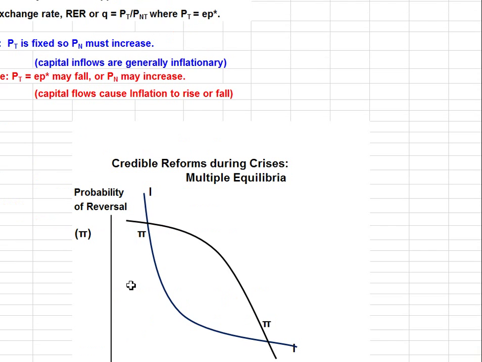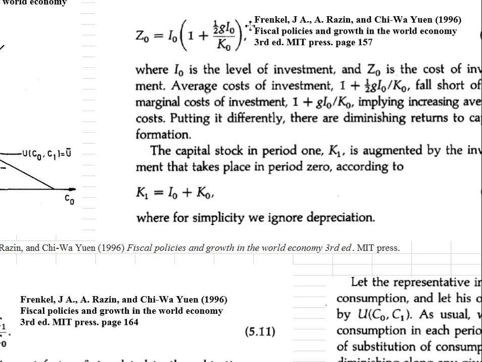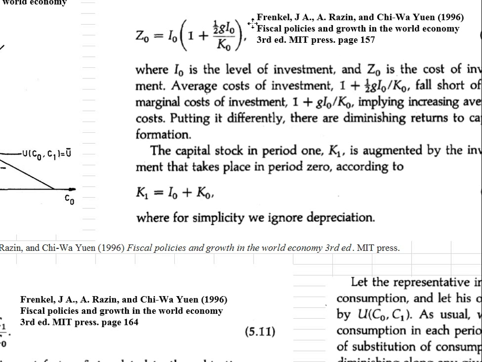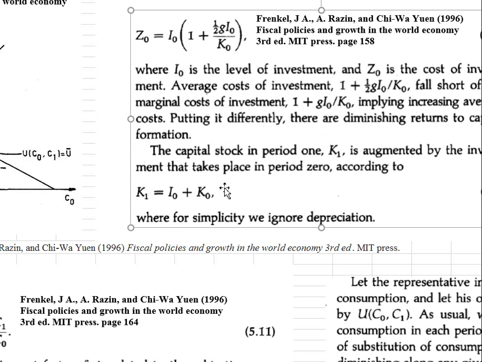Sometimes you can find an answer here, and in many cases, this is for the discussion of equations, which was sort of next. You can not only copy the graphics from Frankel and Rasin, but you can also copy the equations. Now the critical thing is to create a text box which you can copy and move around, which has the reference in which you can change the page. If this is 158, you can change it to 158.